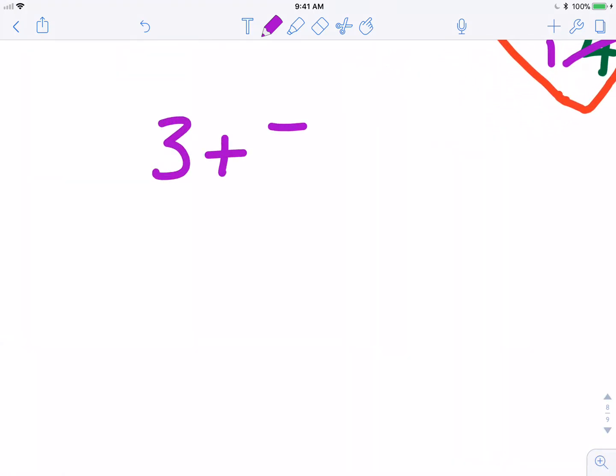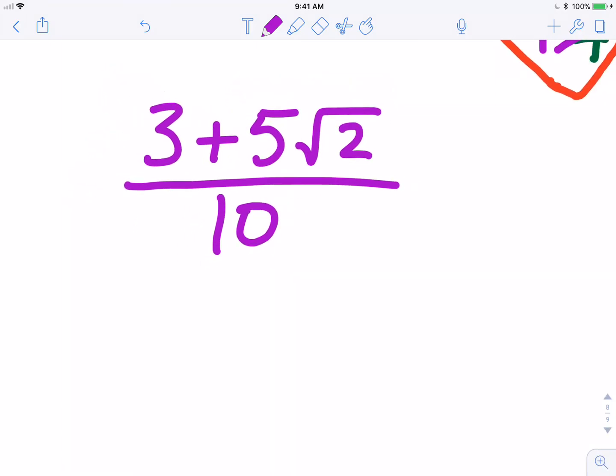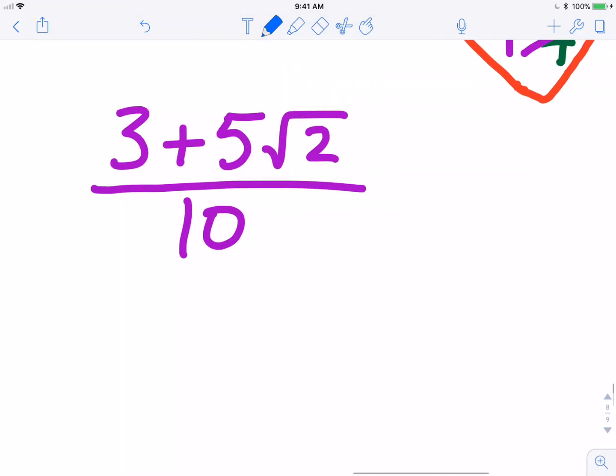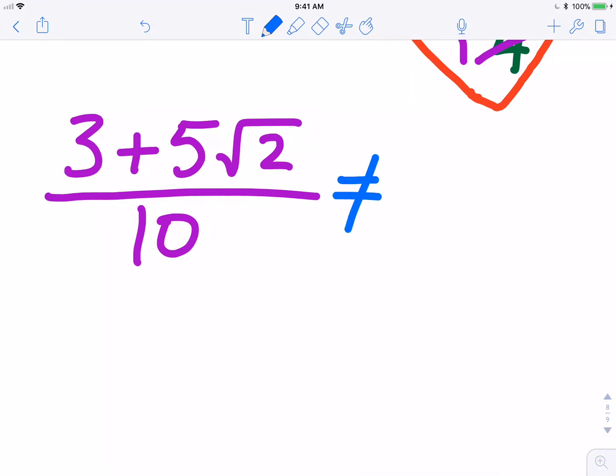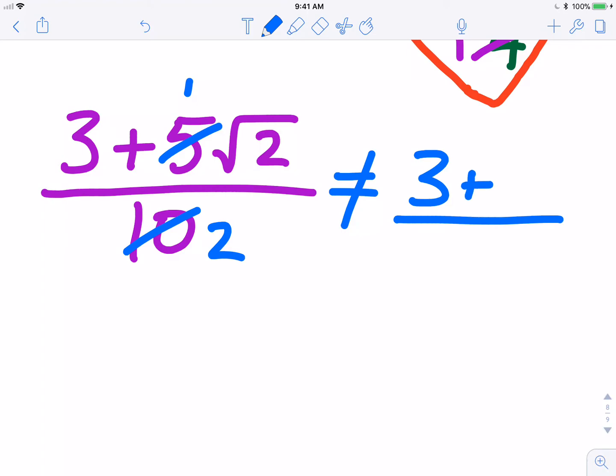But I just want to go over when this doesn't work. So let's say you have a problem like this and it says simplify. What you cannot do, let's stress this is incorrect, is cancel the 5 and the 10, saying, oh, 5 goes into 10 twice. You can verify that on your calculator.